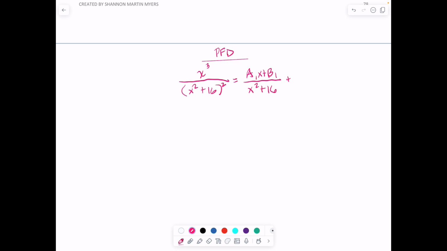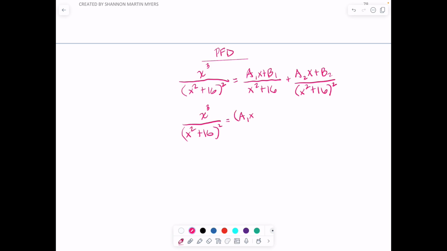And then we have to represent with another a2x plus b2 over quantity x squared plus 16 squared. Groovy?